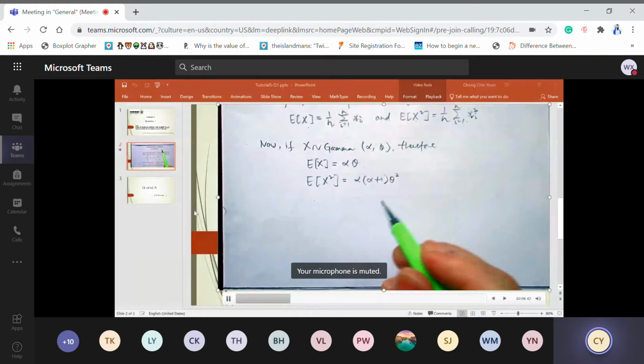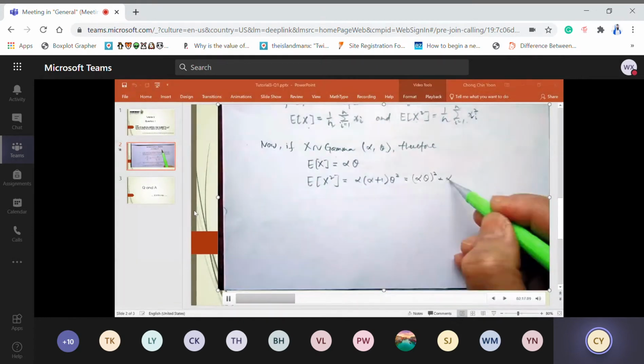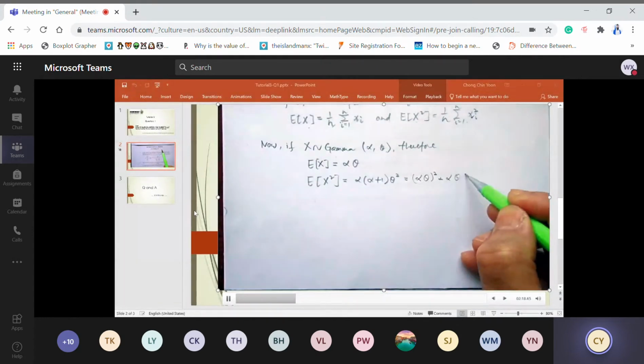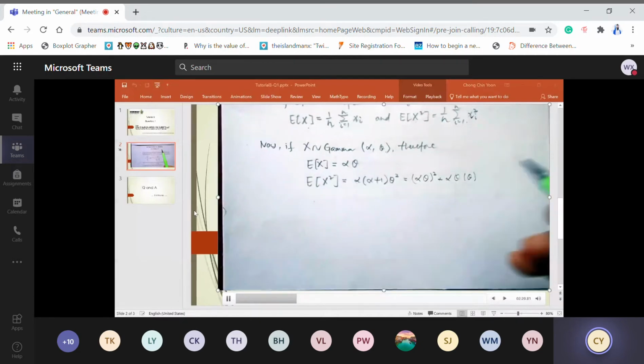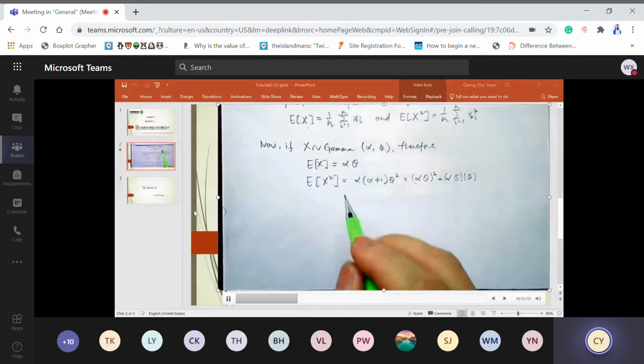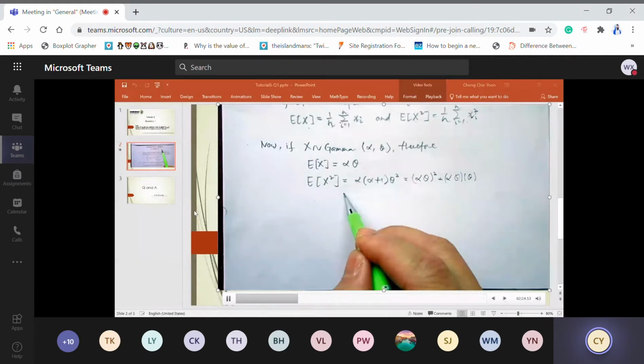This becomes alpha times theta squared plus alpha times theta times theta. And next, I'm going to substitute this alpha theta, which is equal to the expected value of x, that is this.